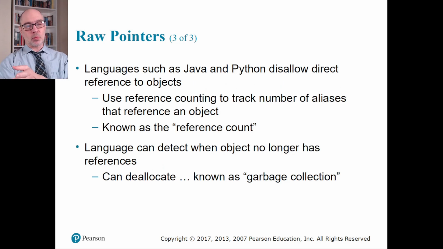Okay, so let's think about how some other languages deal with this. Other languages in the modern world, like Java or Python, don't allow you to directly reference objects by pointers. They effectively hide the pointers from the end programmer.